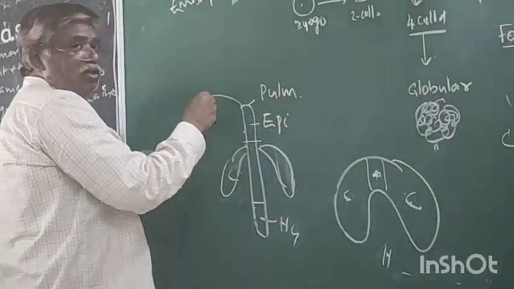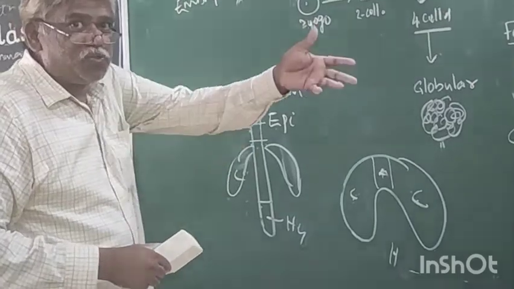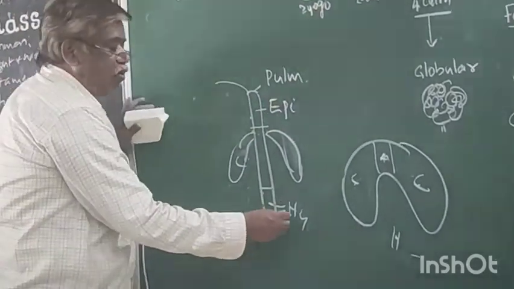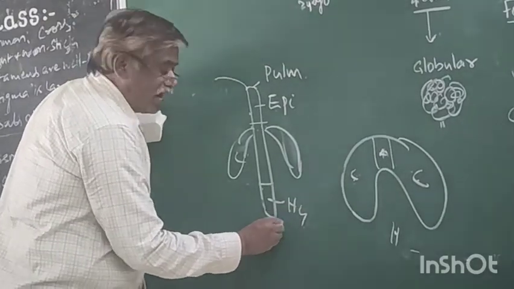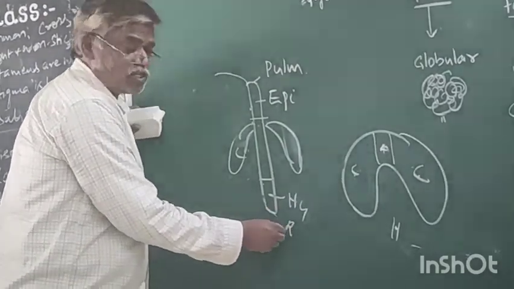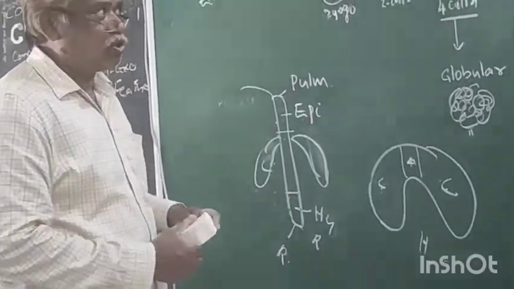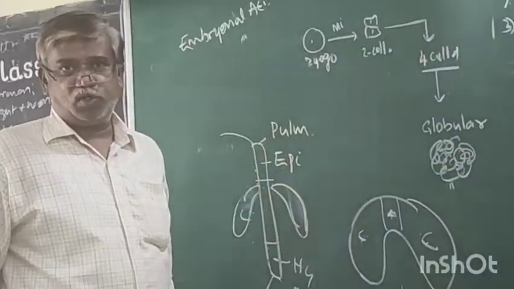The plumule is responsible for forming the shoot system. The hypocotyl terminates as the radicle. The radicle is responsible for forming the root system. Now this is about the embryo formation.